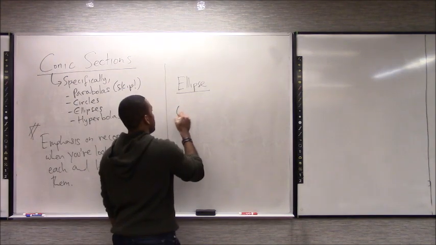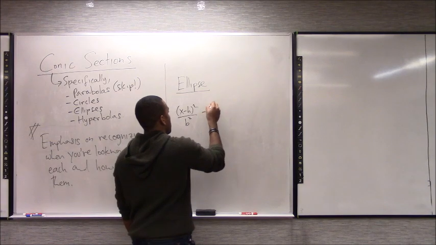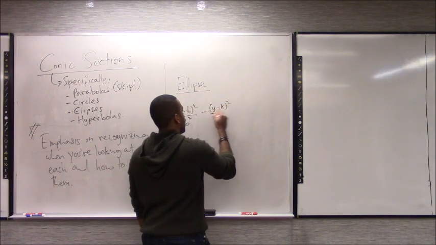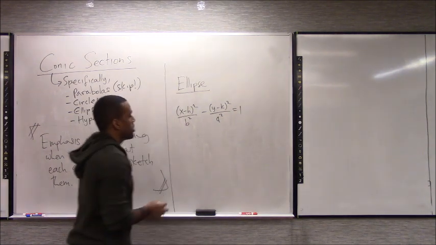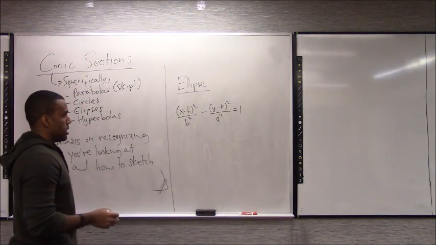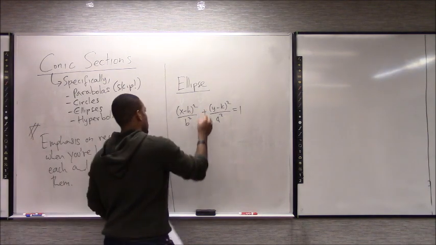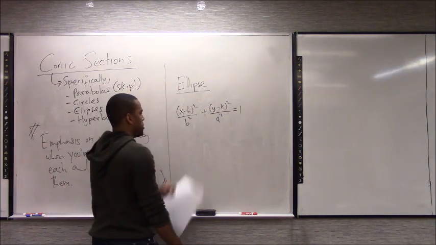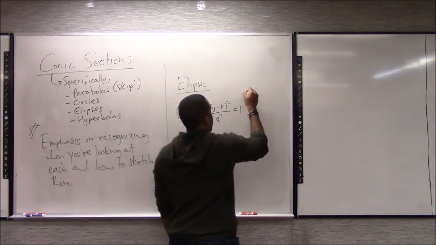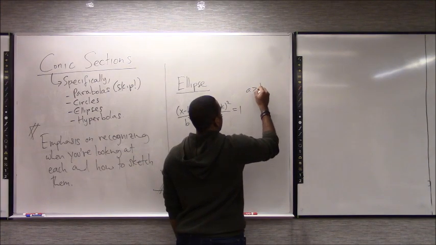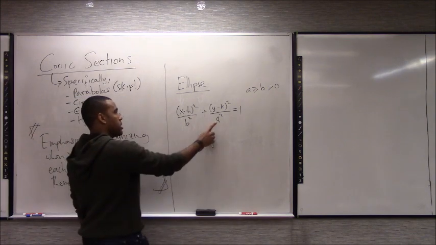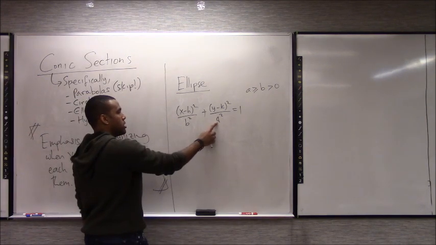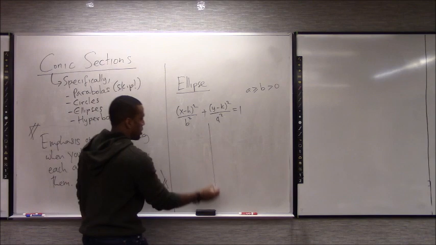You can have (x minus h) squared over b squared plus (y minus k) squared over a squared equals 1. Here I'm thinking of a as the larger one. Basically, the one with the larger number in the denominator is stretched more along that axis.